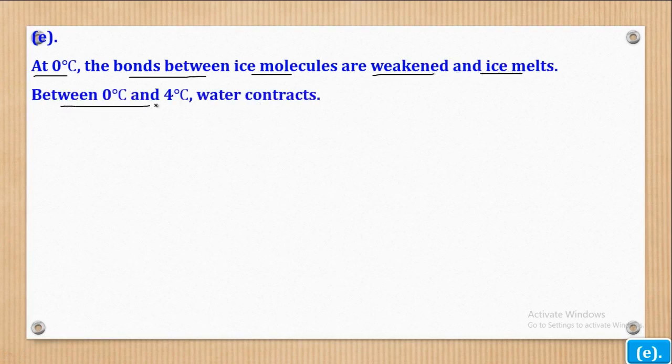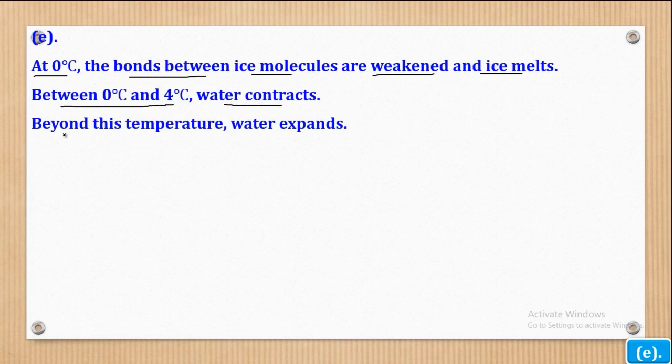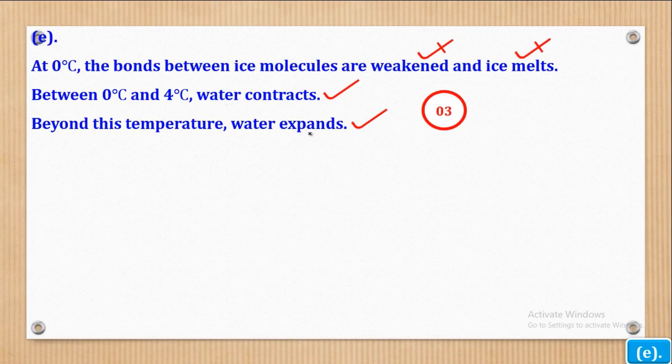Between 0 and 4 degrees Celsius, water contracts. Then beyond this temperature, water expands. So that is the anomalous expansion of water. It first contracts, then expands. So that is how the marks would be awarded.